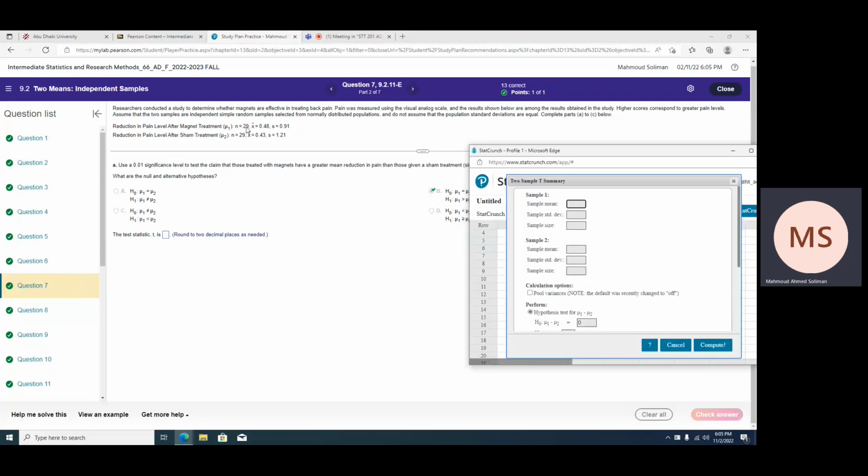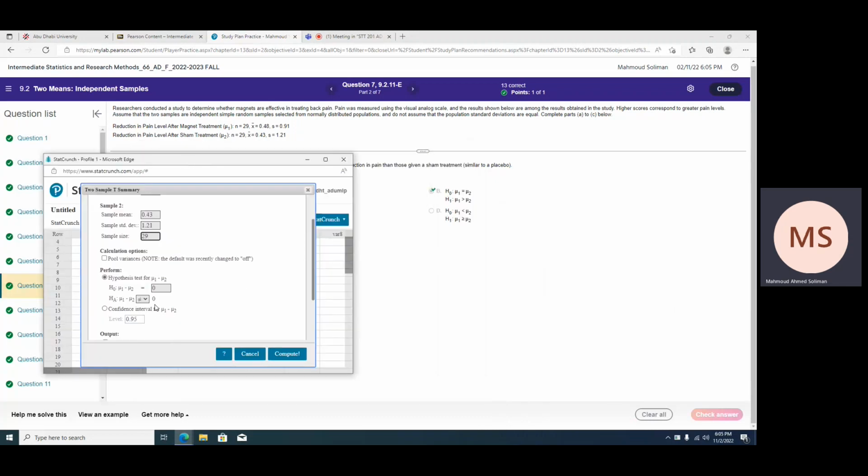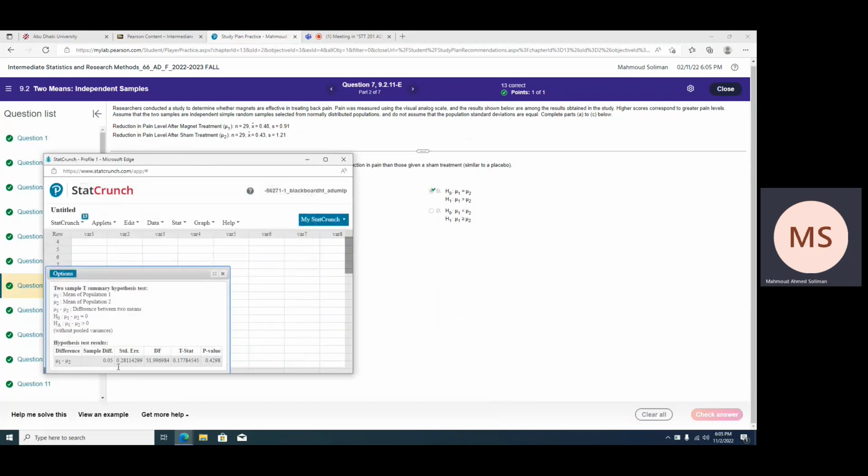So we put mu1, mean 0.48, standard deviation 0.91, and 29. Mean 0.13, then 1.21, 29. And then we have to put the same symbol, greater than, compute.